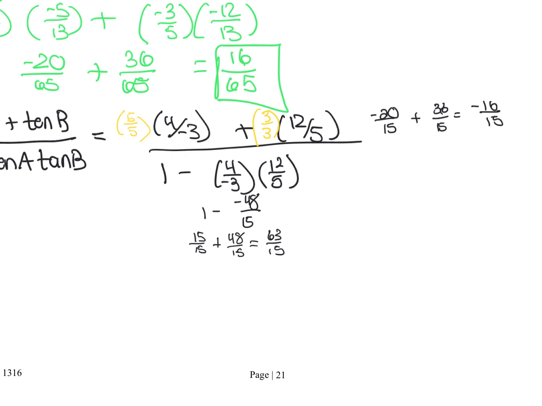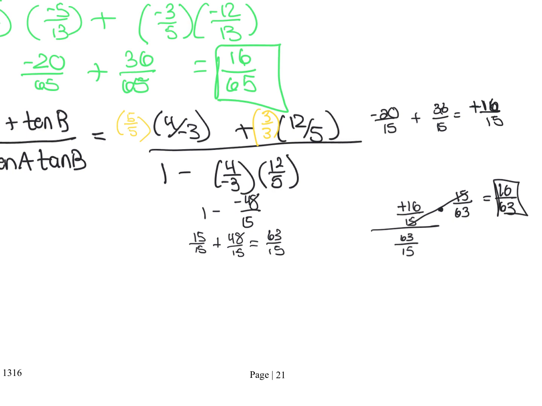So now when I put this together, I have negative 16 over 15 over 63 over 15. So you keep, change, and then flip. The 15s cancel off. You are left with, this is not negative 16. Positive 16. Sorry. Negative 20 plus 36 is a positive 16. Okay. Keep, change, flip. 15s cancel out. You get 16 over 63.